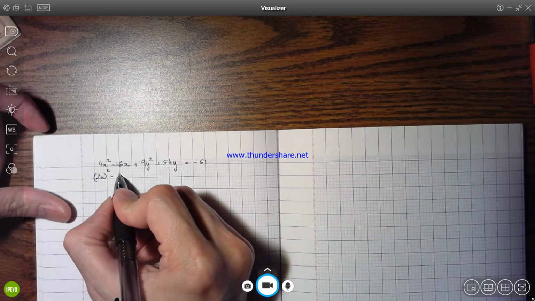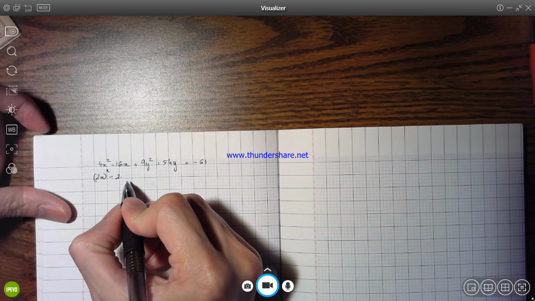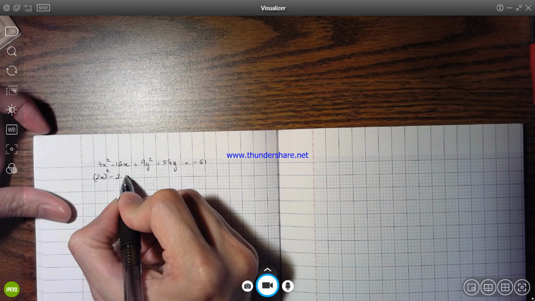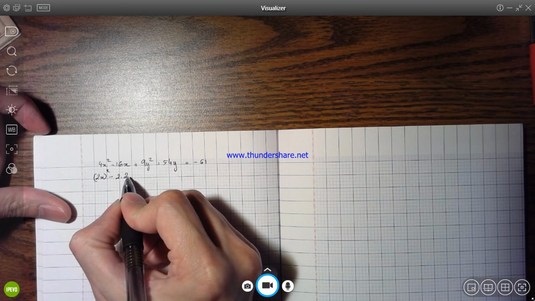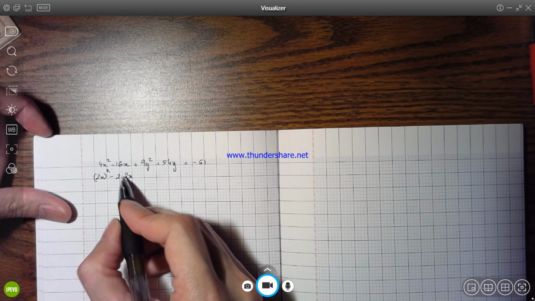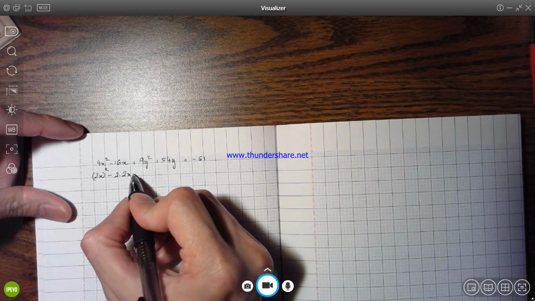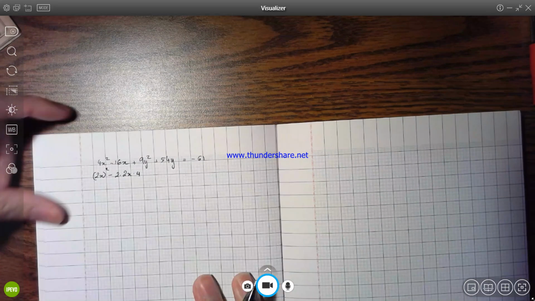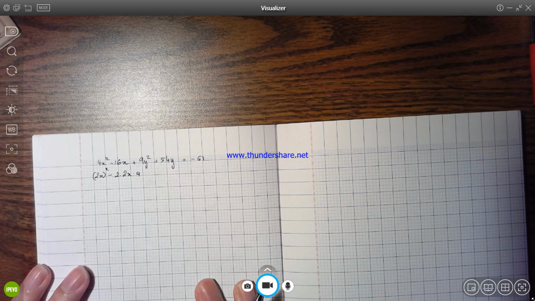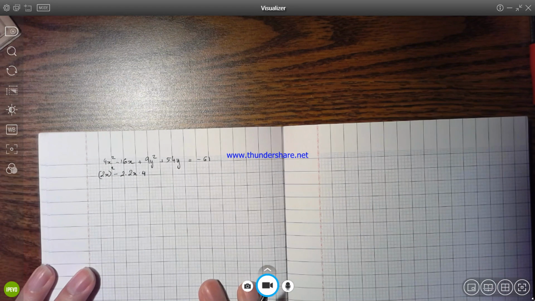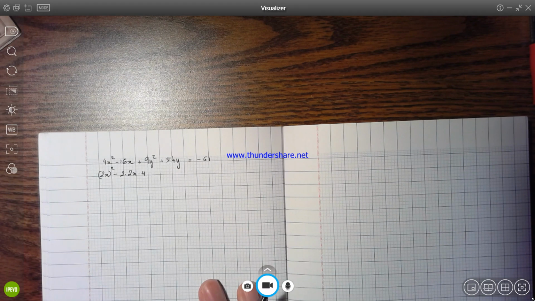And minus 2 times 2x, but 2 times 2 does not give you 16, so multiply by 4. Remember the formula (a minus b) squared equals a squared minus 2ab plus b squared.